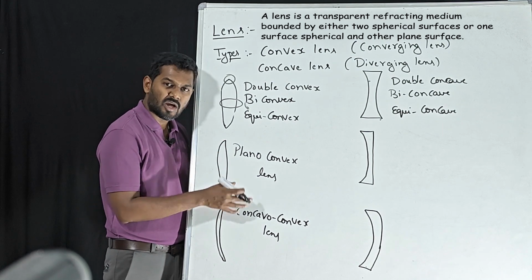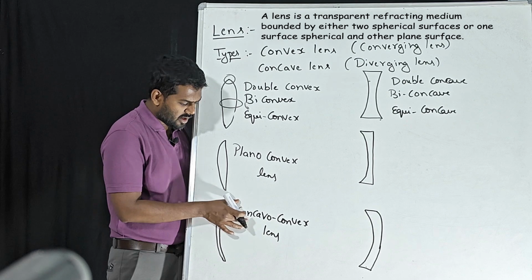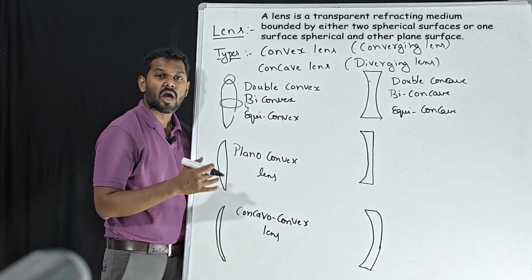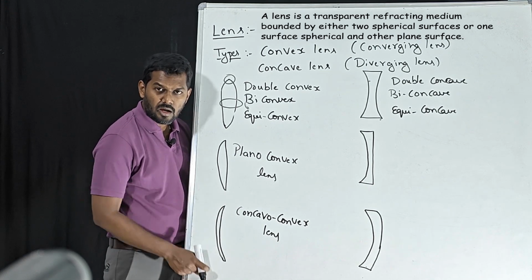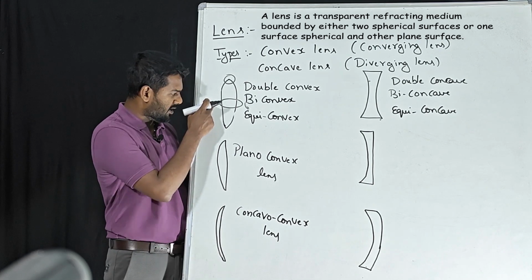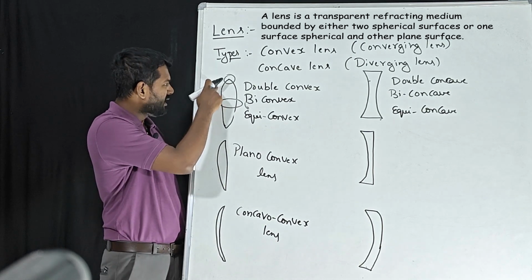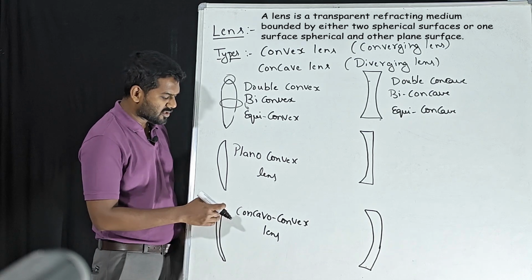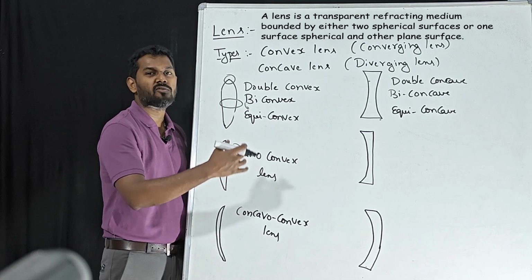It is considered a concavo-convex lens. Keep this in mind. The complete nature is convex only, because it is bulging. In all three diagrams, the left side is bulging, so it is not called a convexo-concave lens, it is a concavo-convex lens.